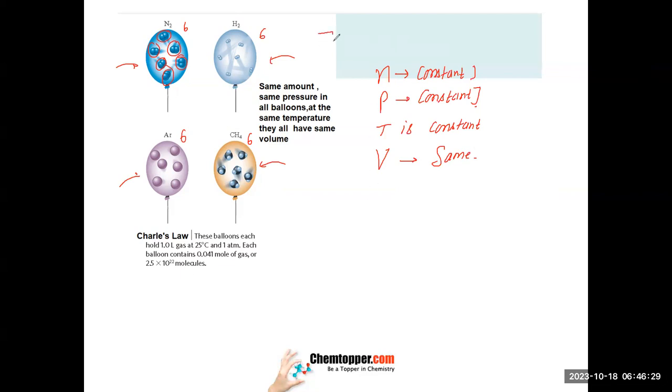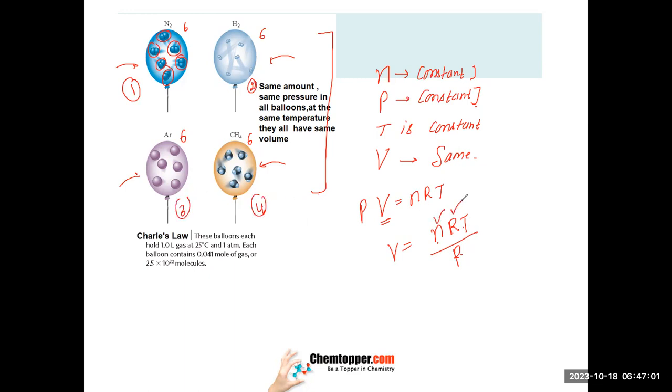Same. These are the multiple choice questions, which you can understand like this. Even without Charles' law, you can understand. PV equals nRT. So what's the volume? nRT over P. For the first balloon, nRT over P. For the second balloon, third balloon, fourth balloon, n is same, R is constant already, T is same, P is same.